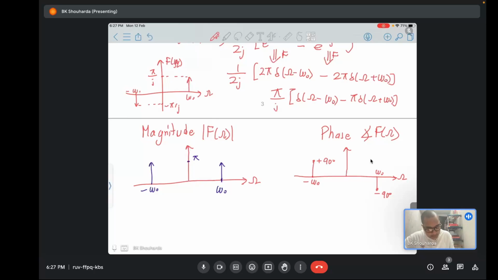Okay, so phase and magnitude, you always need two components to be shown in a frequency spectrum.